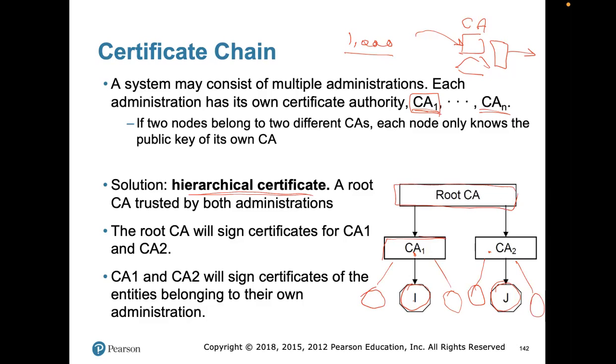So if two nodes like I and J are not under the same CA, each one communicates with its own local CA, and the CAs communicate with each other through the root CA. This way, key exchange between nodes under two different CAs becomes possible and doable.